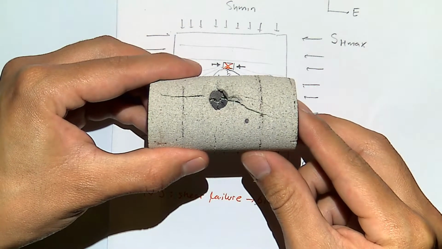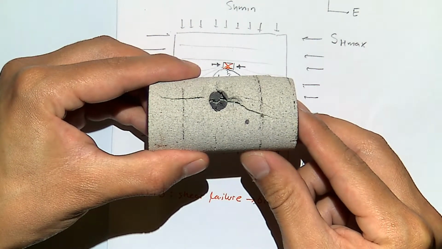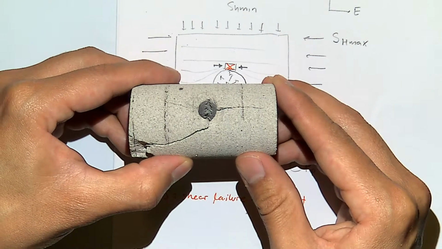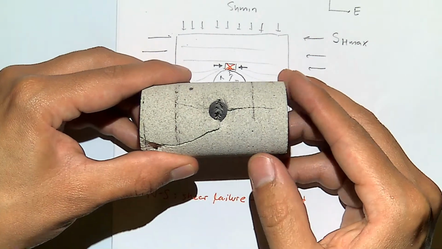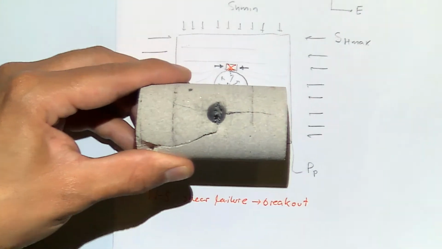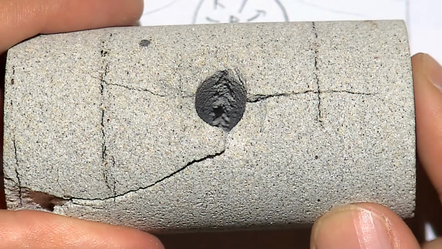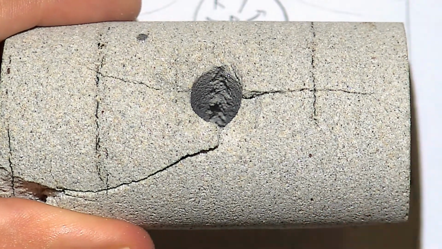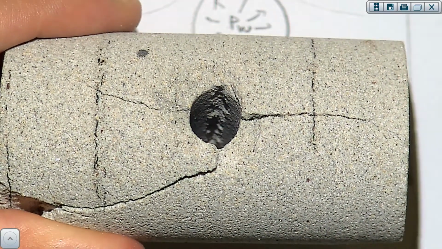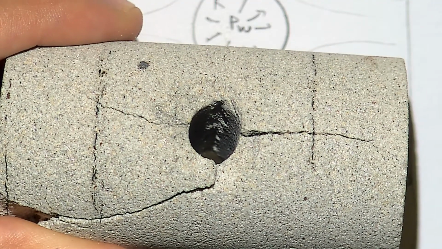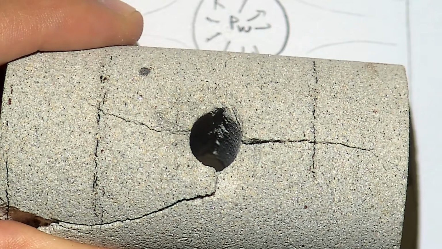Okay, do you see that in the back? Let me rotate it because this side is better. All right, you see that? Let me zoom in. Okay, that failure that looks like a groove or a scratch inside the wellbore is shear failure.